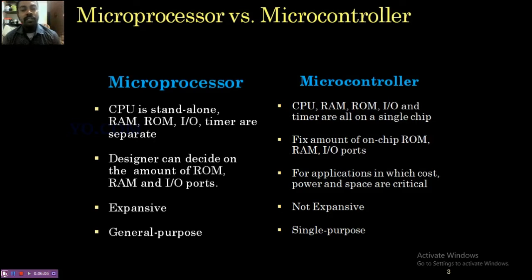Then you can connect any device with the microprocessor, that means a computer, printer, scanner, pen drive, any devices. So the customer or the designer can decide the amount of ROM, RAM and IO. But in a microcontroller, there is a fixed amount of on-chip ROM, a fixed amount of RAM and IO port. Okay, all are fixed and it is very small. That is a major difference.